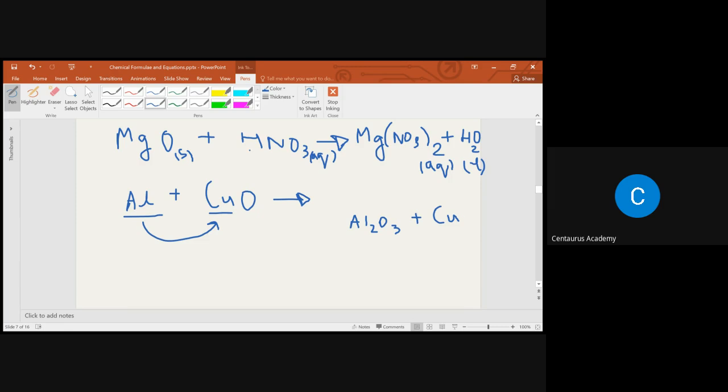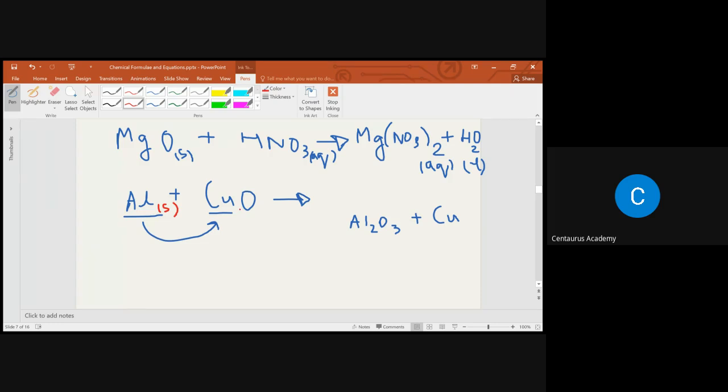Now tell me what will be the state symbols in this scenario. Aluminum will be solid. Metals are usually solid unless otherwise stated, or if there is any exception for their state at room temperature and pressure.